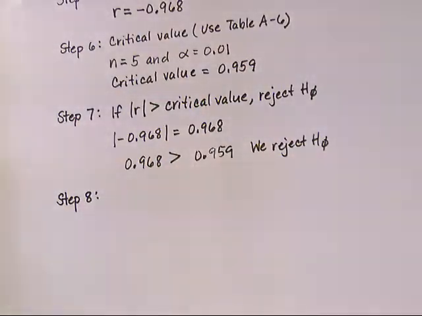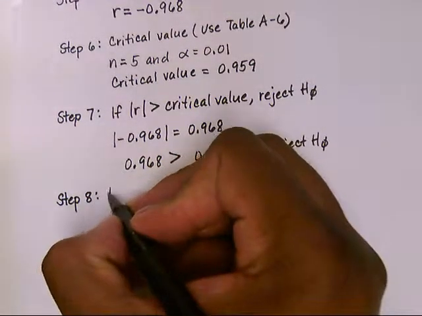And then step number 8 is going to be our conclusion statement. So pretty much that conclusion statement, if we reject the null, that means that there is sufficient evidence that there is a linear correlation between the two.